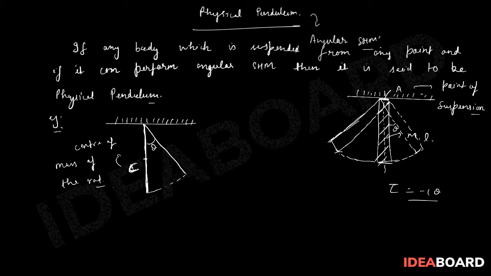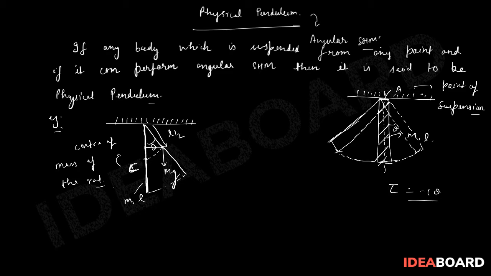Perfect. So now this will be displaced here when this rod is at theta angle. That means mg we have to consider at the center of mass. Now the rod has mass m, length l, so this length will definitely be l by 2.